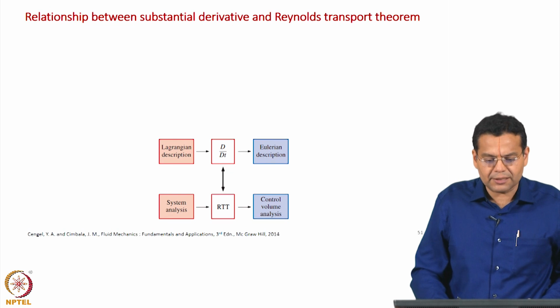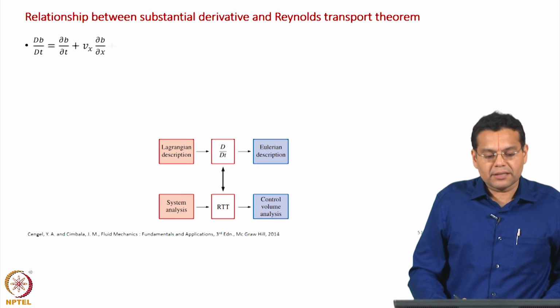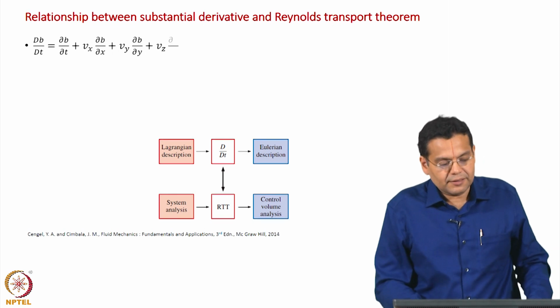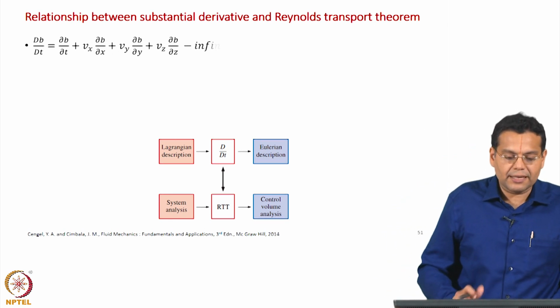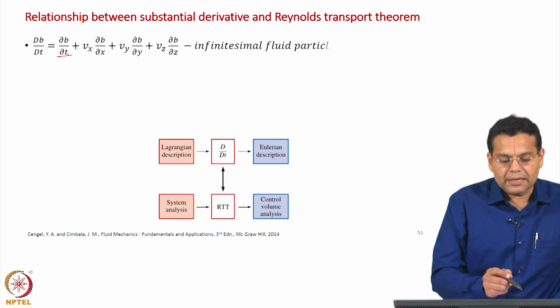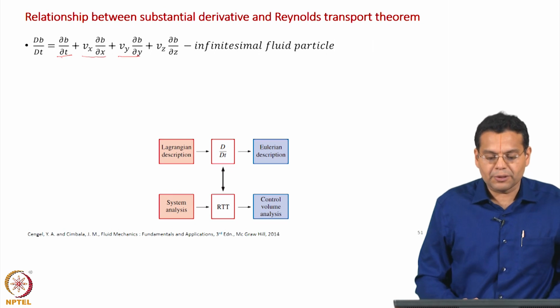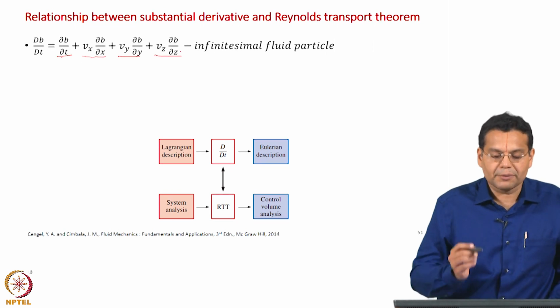So, let us write down the substantial derivative for a property B. The substantial derivative is given by capital DB by Dt, and if you expand that, on the right hand side we have ∂B/∂t, and then we have Vx ∂B/∂x, Vy ∂B/∂y, and Vz ∂B/∂z.